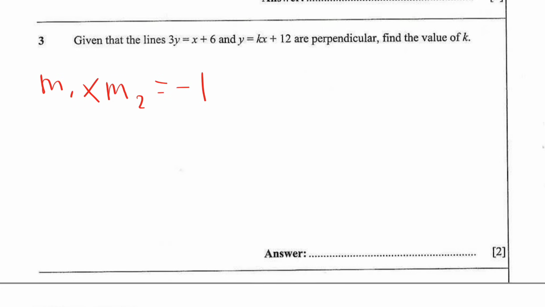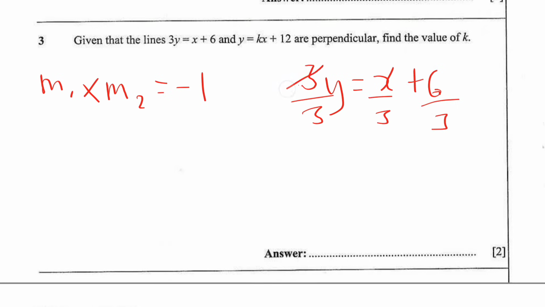Now gradient 1 comes from the first equation. So let's write down the first equation, 3y equals x plus 6. This is not in original form, so we need to divide throughout by 3 so that we get the actual gradient.